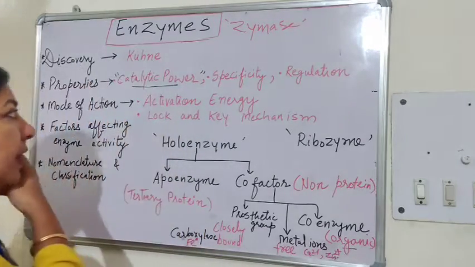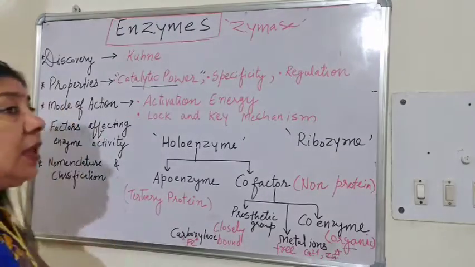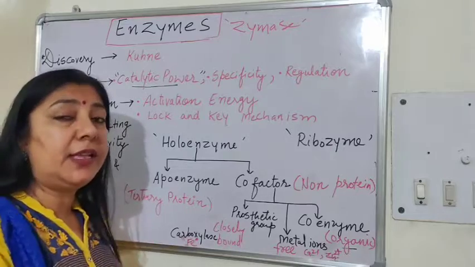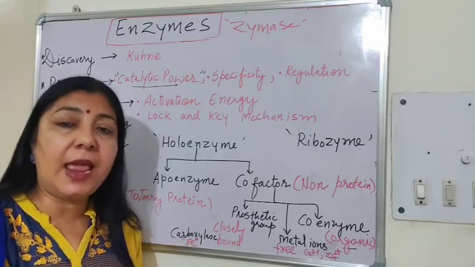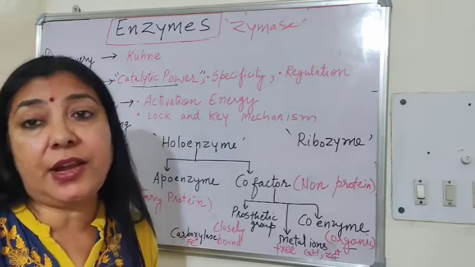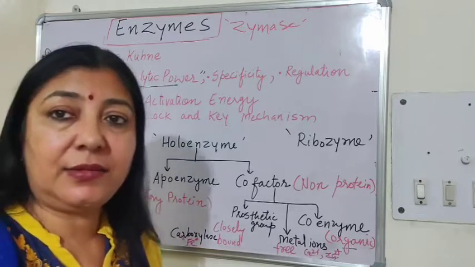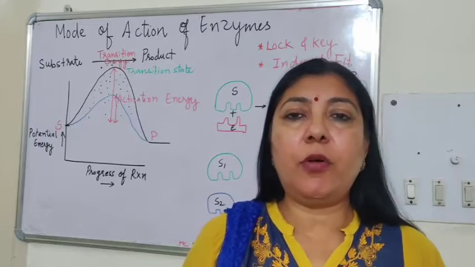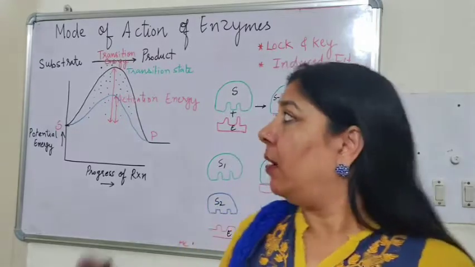Okay, now let us see how they act. What is the mode of action of the enzymes? How do enzymes help in accelerating the rate of reaction? Let's now study how the enzymes perform the catalytic action.